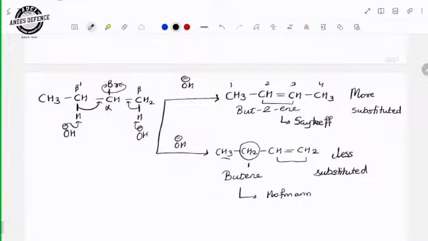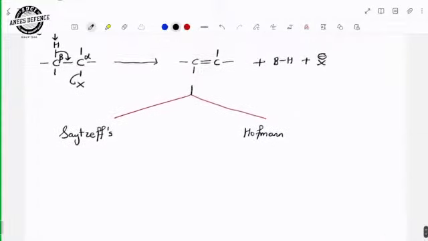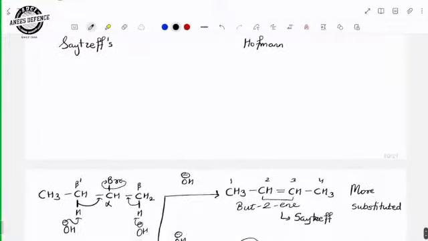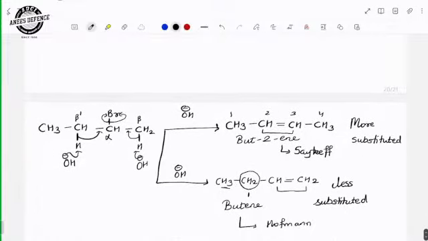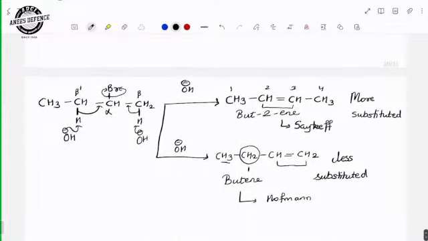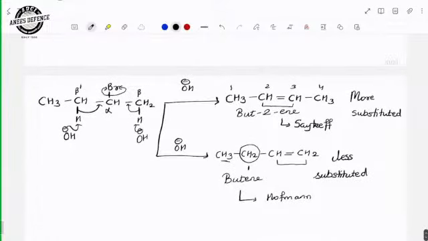In Saytzev, you are getting more substituted alkene, and in Hofmann, you are getting less substituted alkene. Both are possible only when there are two beta hydrogens present. Okay, if there is only one beta hydrogen, it will go for only one reaction. So if there are two beta hydrogens, there will be one major product and one minor product.